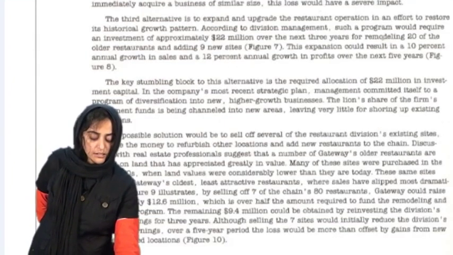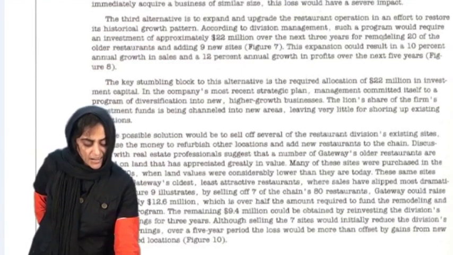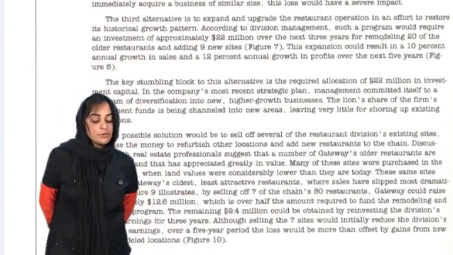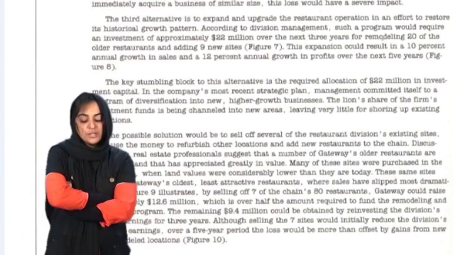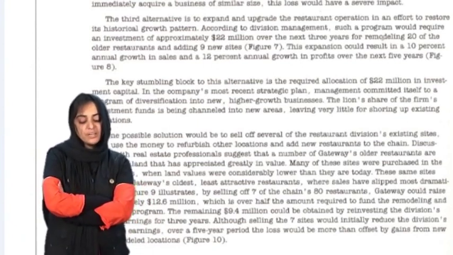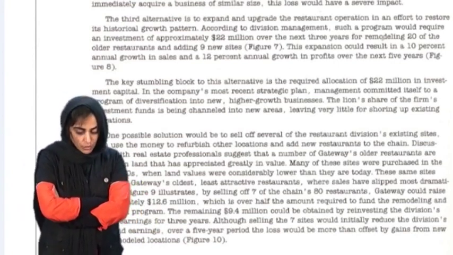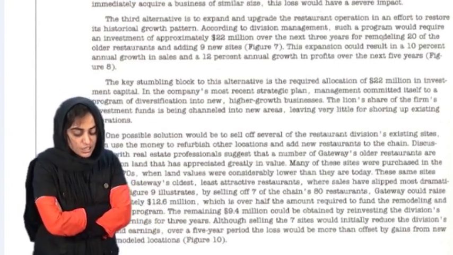The third alternative, next he says, as you can see on the screen, the third alternative is to expand and upgrade the restaurant operation in an effort to restore its historical growth pattern. According to division management, such a program would require an investment of approximately $22 million over the next 3 years for remodeling 20 of the older restaurants and adding 9 new sites.